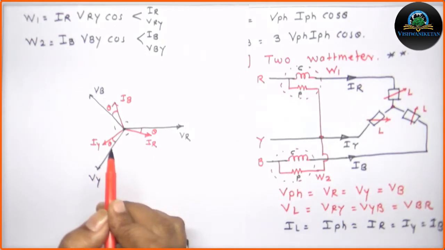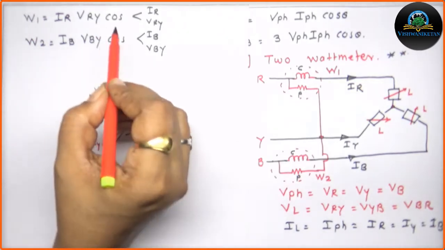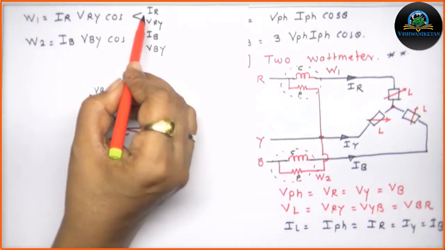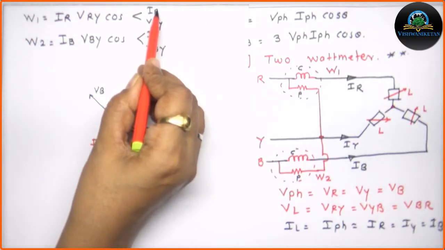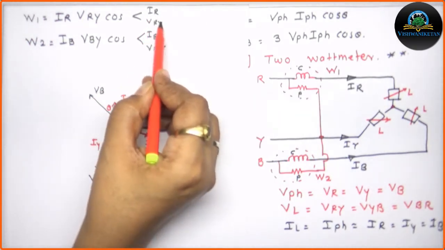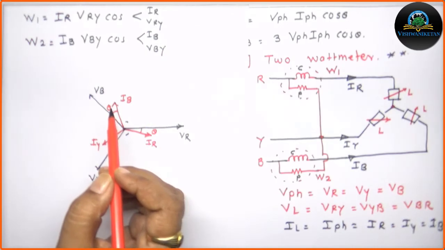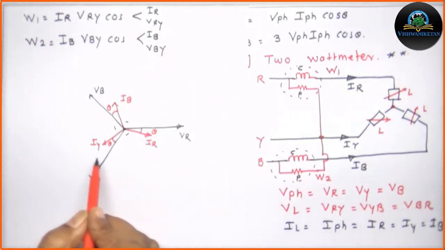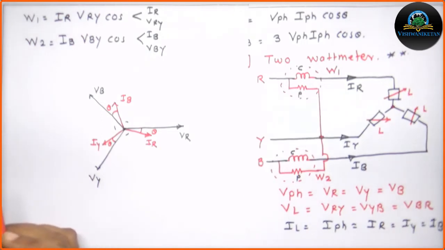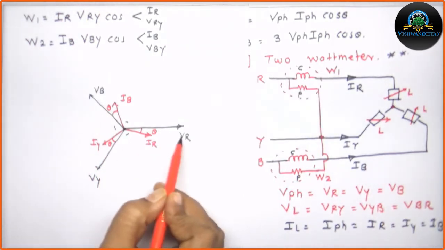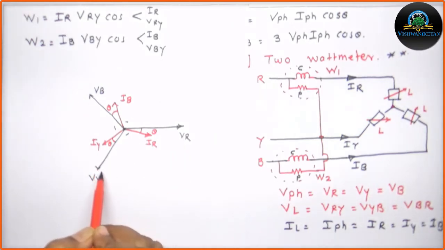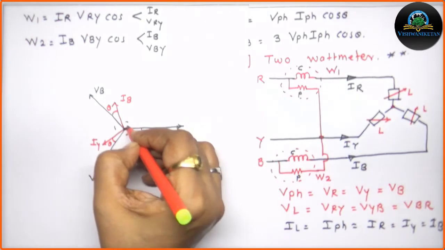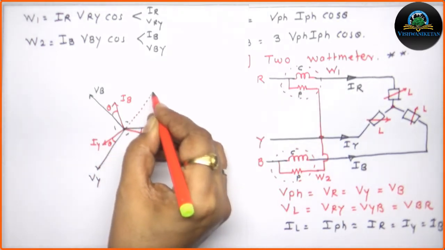Now coming back to the equation again, I want to find out the angle between IR and VRY. So for that, I need VRY. Right now I have only phase voltages. So for that purpose, I need the resultant of VR and VY. For that, I need the reflected component of VY.